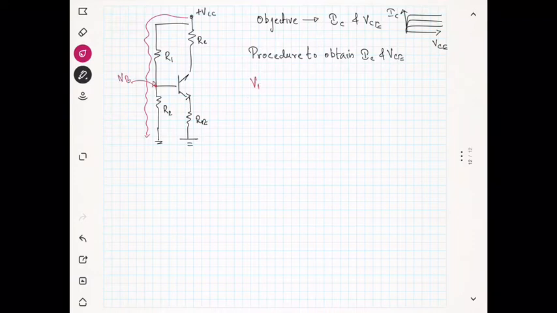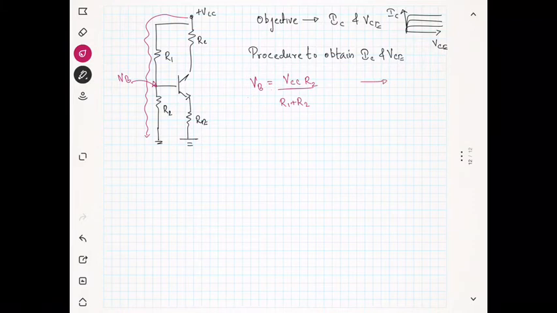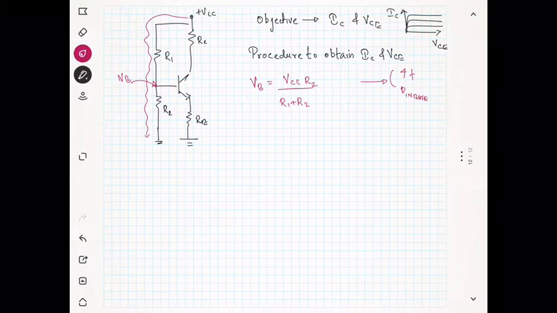VB is approximately VCC over R1 plus R2, into R2. We can use this case if R2 is much less than, or we can say if R in base is much greater than R2.